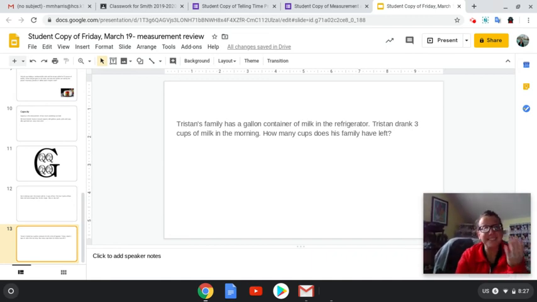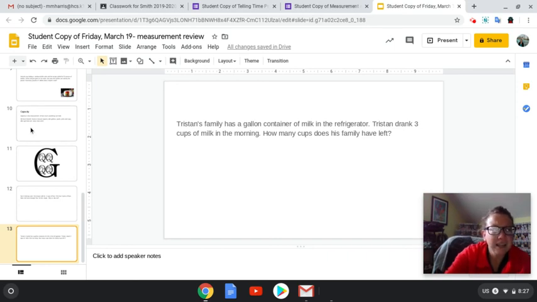If there's 16 cups total in a gallon, and he drank 3 of them, how could I figure out how many he has left? Yes, we need to do subtraction. So 16 minus 3 equals 13. The family has 13 cups of milk left in the gallon.